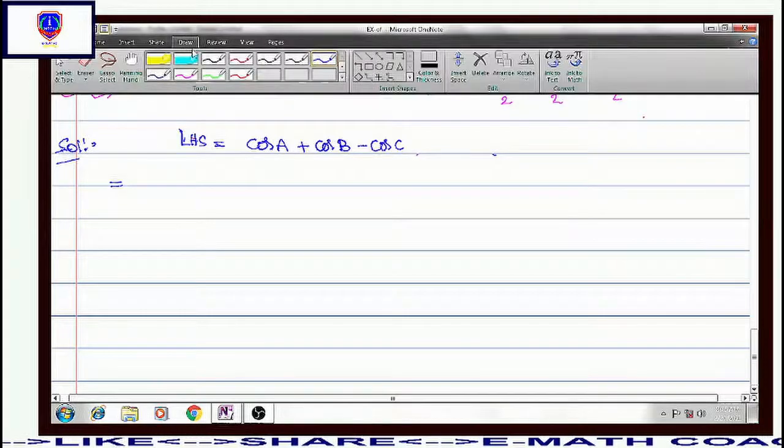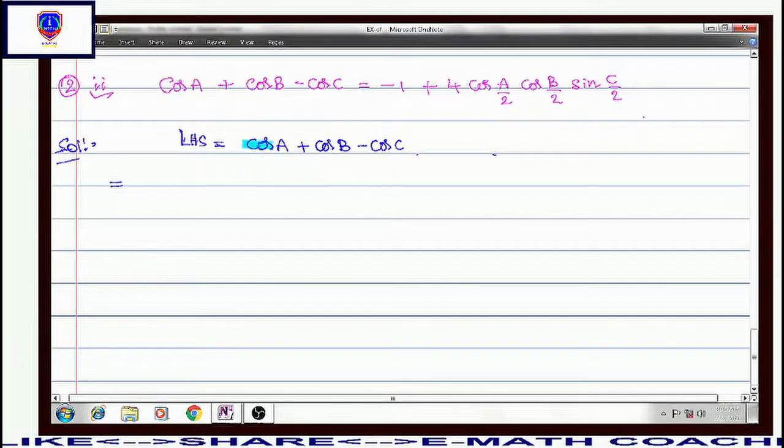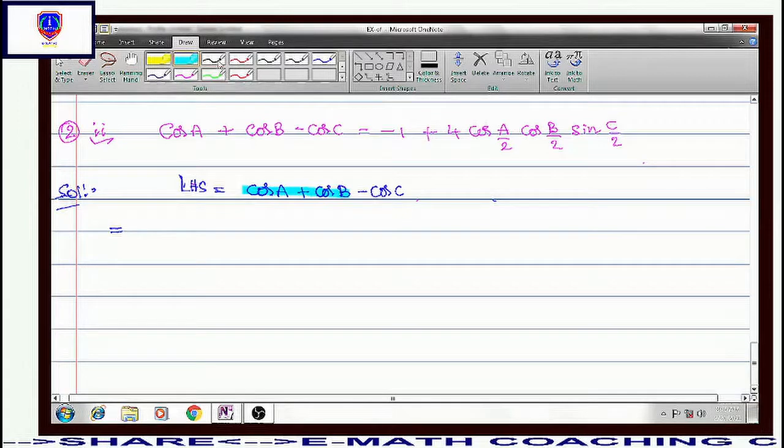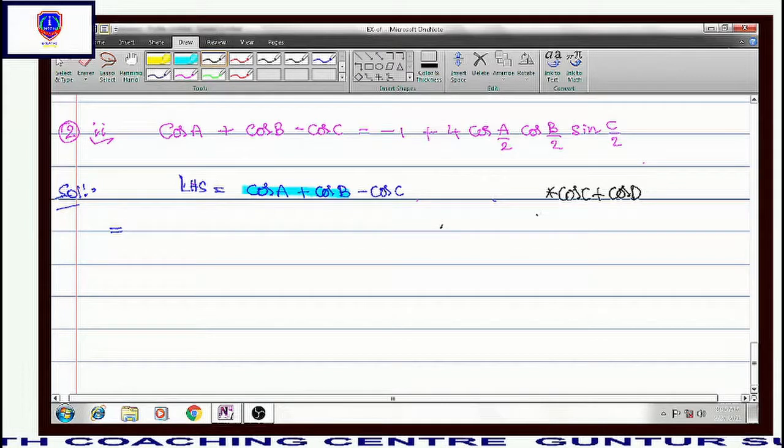For the first two terms, we have to use the formula cos C plus cos D, which is nothing but 2 cos of (C plus D) by 2 into cos of (C minus D) by 2.